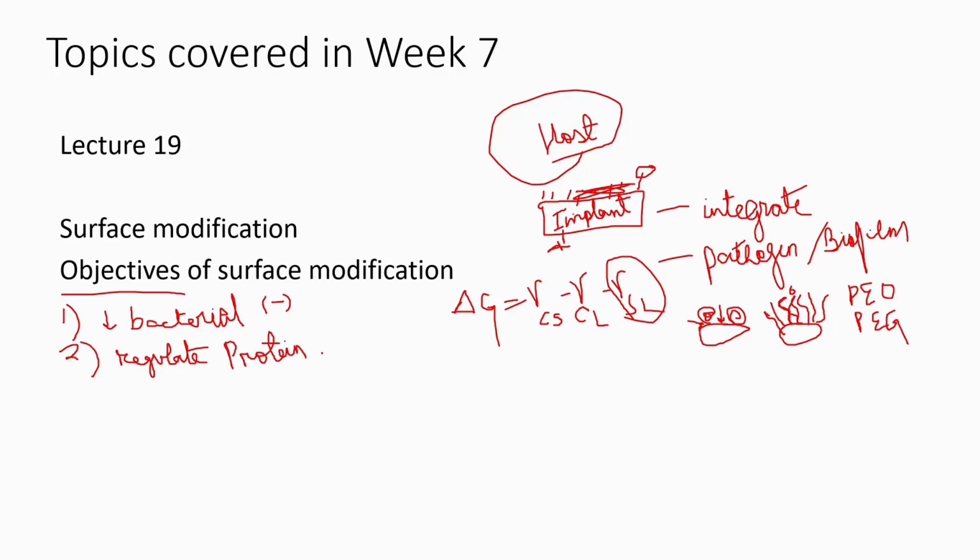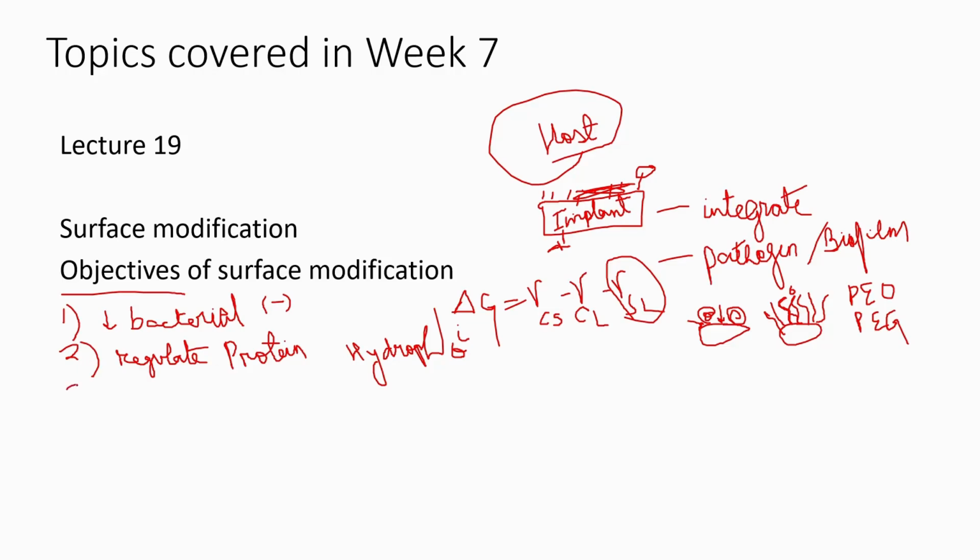To regulate protein adsorption, we can use hydrophilic surfaces, which prevent attachment of proteins to the surface, or we can coat the surface with polymers, ceramics, or self-assembled monolayers and biomacromolecules, either hydrophilic or hydrophobic. If we want more protein attachment, we need hydrophobic, but if we want less protein attachment, we can go for hydrophilic. So depending on our interest, we can regulate protein adhesion by regulating the hydrophobicity or hydrophilicity of the material by coating it with polymers, ceramics, self-assembled layers, and biomacromolecules.